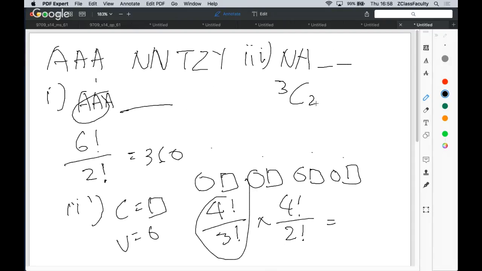So you are choosing from 3 because you have 3 letters left, only 2 of them, and you are choosing only 2 from the 3, so it's like choosing 5 basketballs from 10 basketballs. So this one you just choose 2 letters from the 3 letters. So it's 3 choose 2, which is 3.